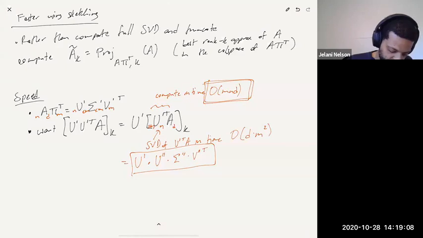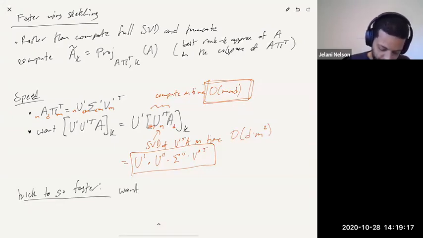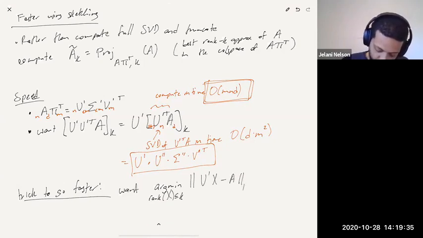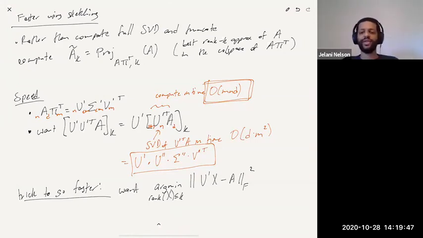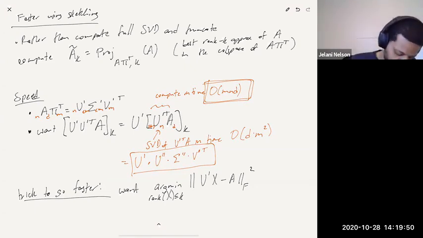So what I really want, the trick to go faster, is to compute the argmin over matrices X, where the rank of X is at most K, of the Frobenius norm squared of U prime X minus A. And you can prove that if I solve this without the rank constraint, then I can just take a low rank approximation at the end and still do well.